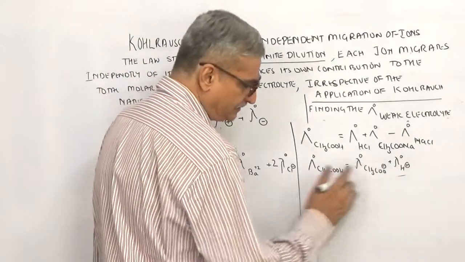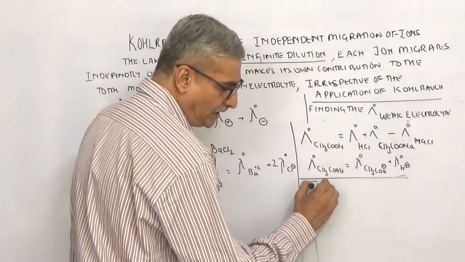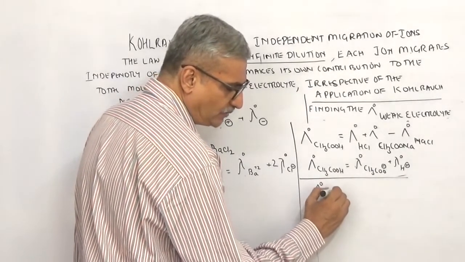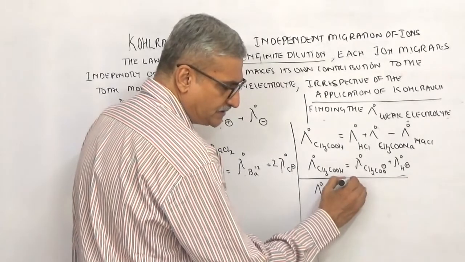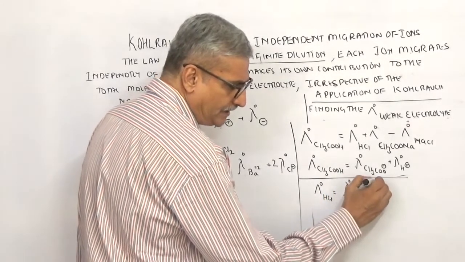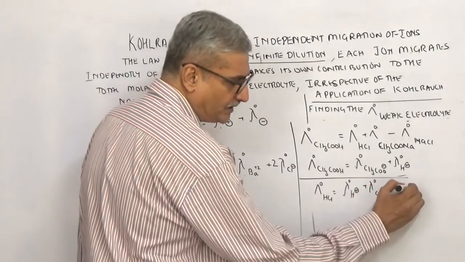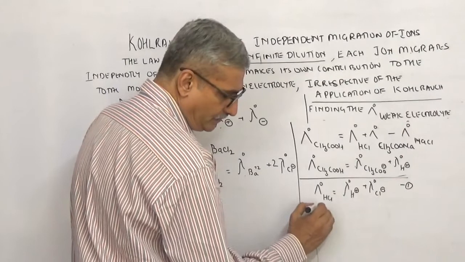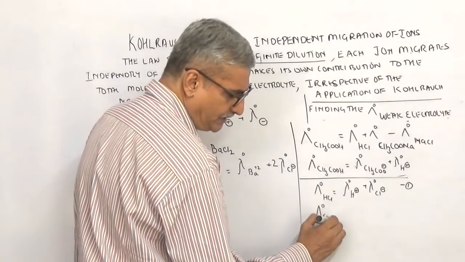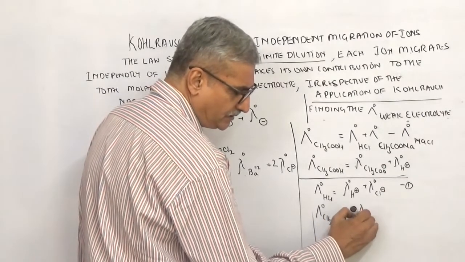How do I get it? The molar conductivity of HCl is what? It is the molar conductivity of H plus ion and the molar conductivity of Cl minus ion. Equation number 1. The molar conductivity of sodium acetate is what?